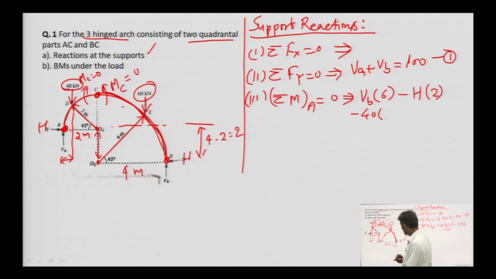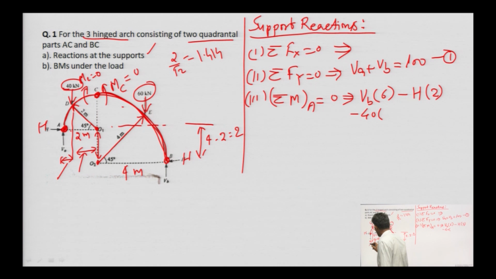This distance will be 2 cos 45, which is 2 by under root 2. Its value is 1.414, since under root 2 means 1.414.